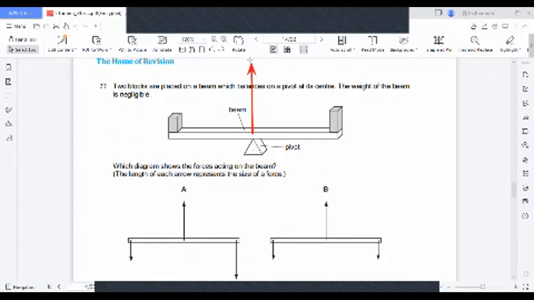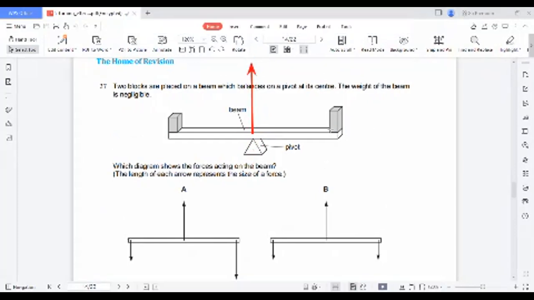And the weight of this block would be acting in this direction, and the weight of this block would be acting in this direction. So now we can match that the normal force is acting in upward direction and the weight of two forces is acting in downward direction.